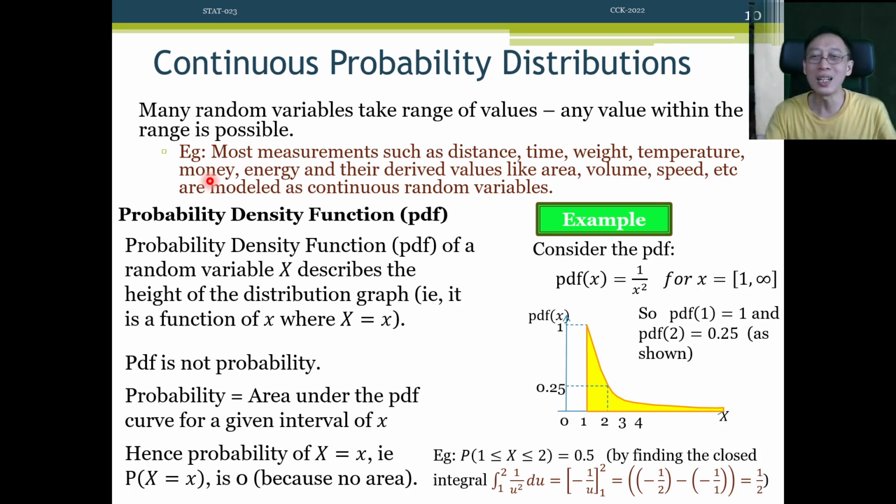So whether it's weight, temperature using a thermometer, or money, and of course the smallest quantity of money, 1 cent, the subdivision of it is just pure imagination. It exists in computer memory. Oh, you owe me half a cent. The second time you owe me half a cent, you return me 1 cent, isn't it? So it doesn't exist in real life. So why are we using continuous distributions instead of discrete distributions?